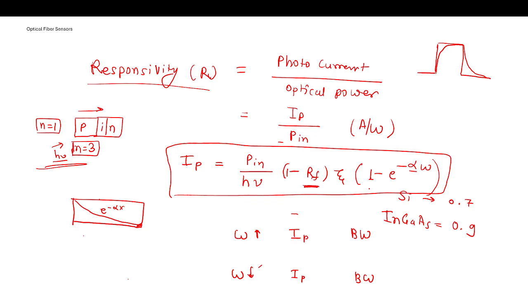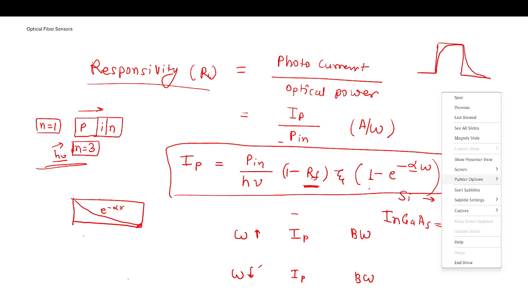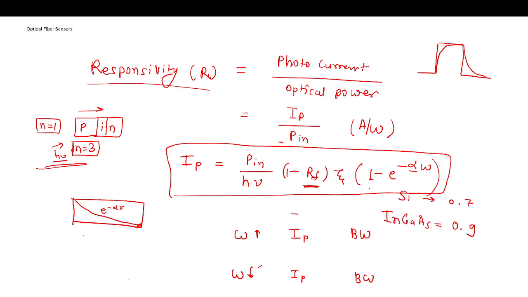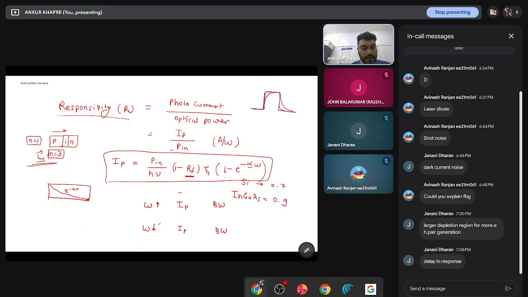And if you are using PIN, then you might get an almost normal curve. Okay, can you tell? Answer it.